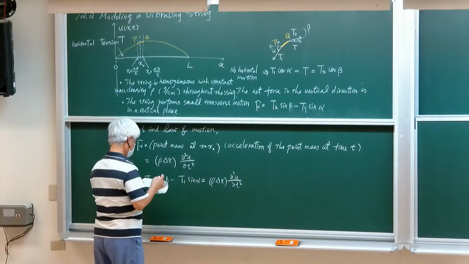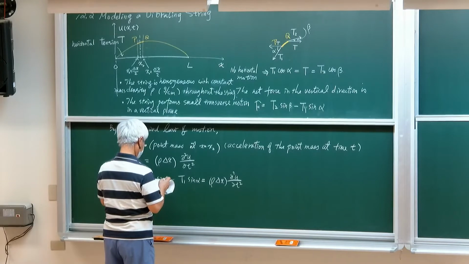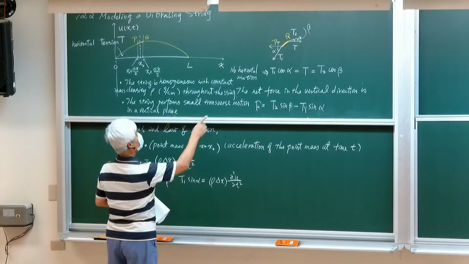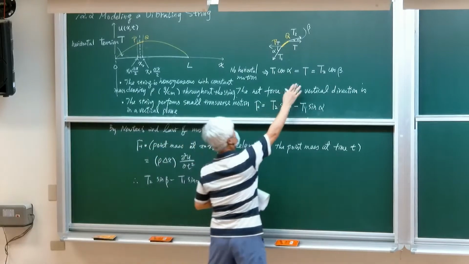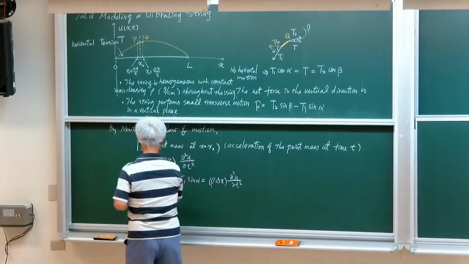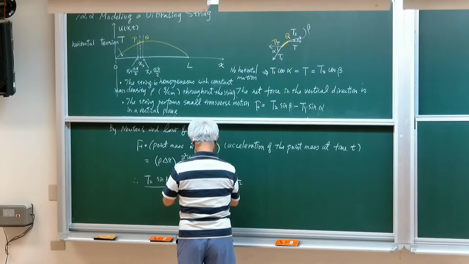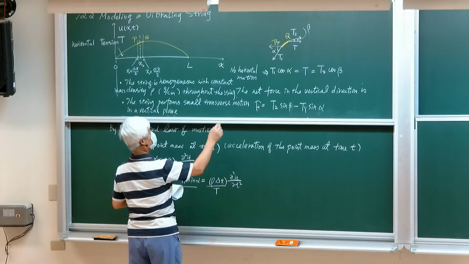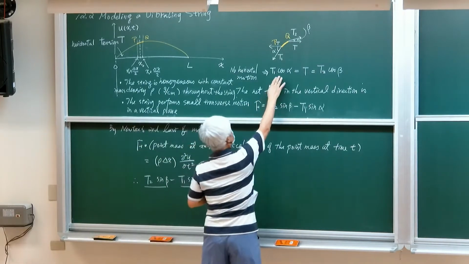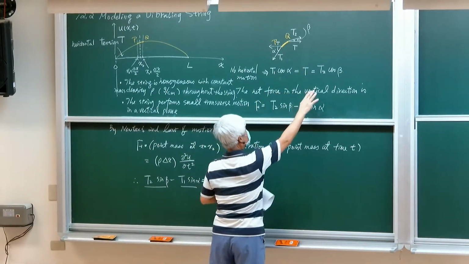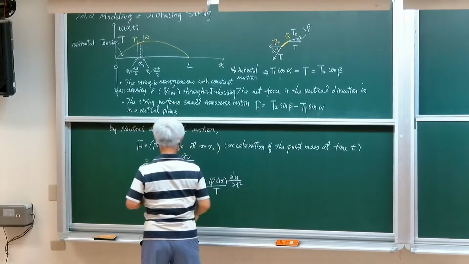Now, when we divide by the tension T, but T is equal to T1 cosine alpha, and also equal to T2 cosine beta.